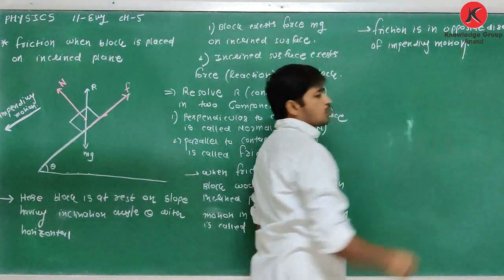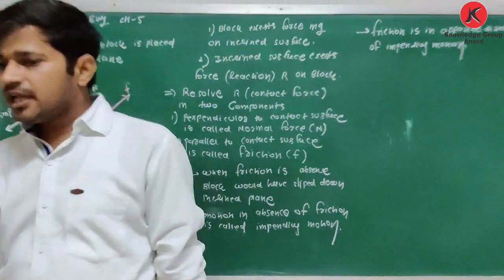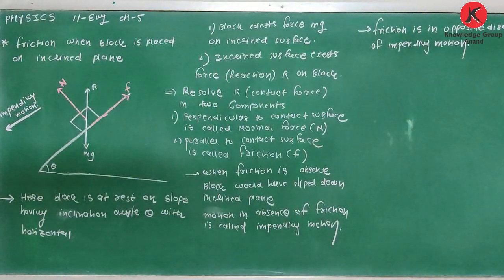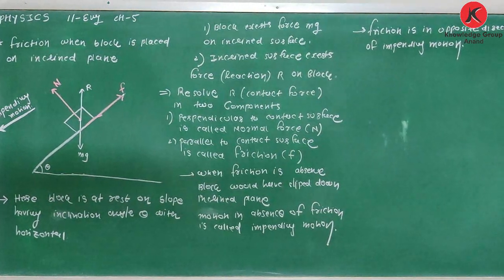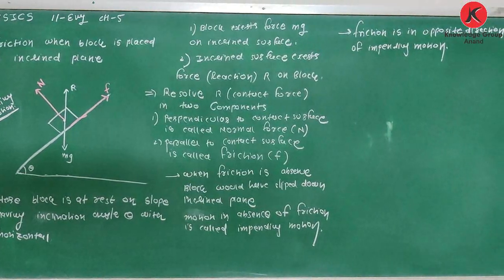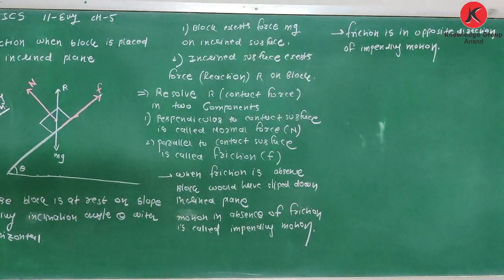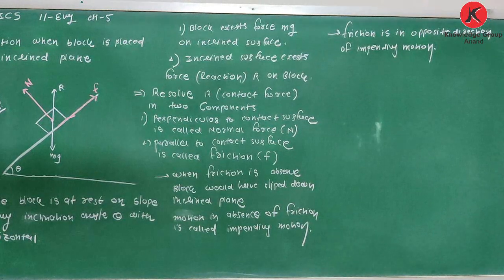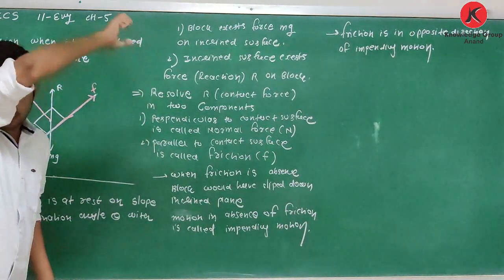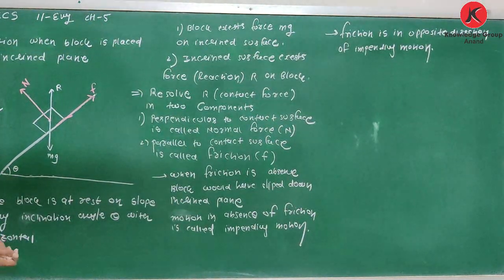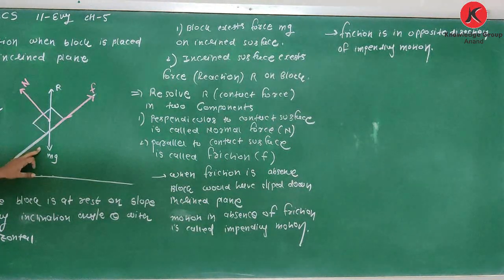Clear about this? What is impending motion? If friction is absent, then in this case, the motion of the object is called impending motion. Clear about this?